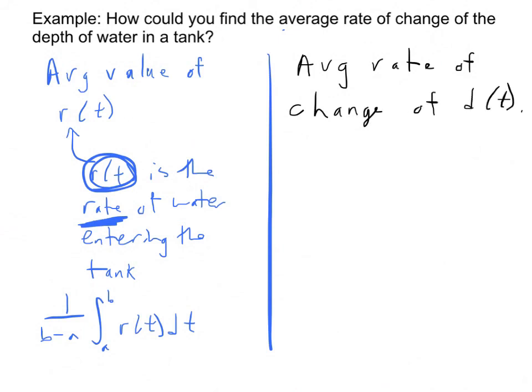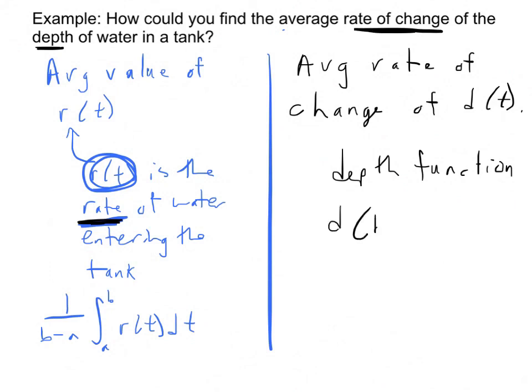So depending on whether they give you a rate function, like I talked about over here, or a depth function, we'll handle it in different ways. If they give you a depth function, then great. Take the rate of change of that depth function: D(b) minus D(a) over b minus a.